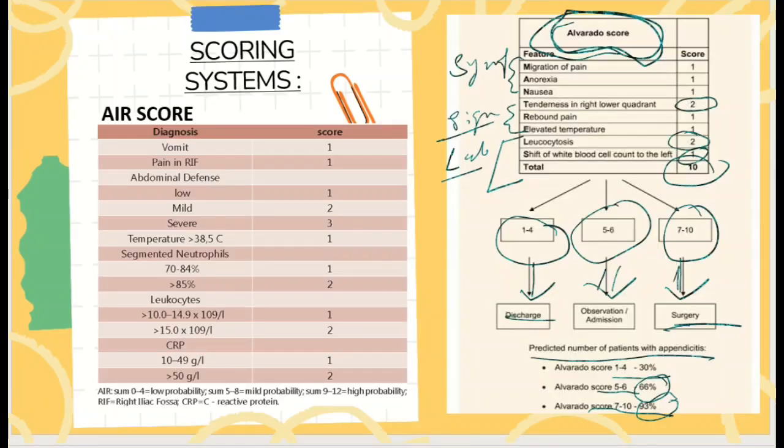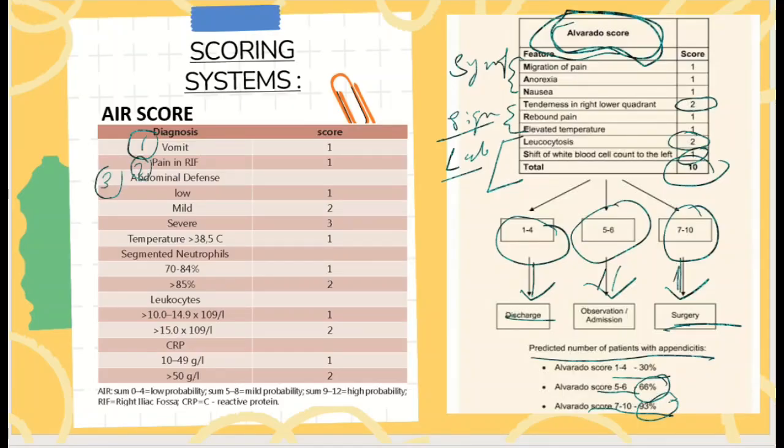Another scoring system for appendicitis is the Appendicitis Inflammatory Response score. So what is AIR score? Here we stratify the patient into certain risk groups. Vomiting, and second is pain in the right iliac fossa, score 1, 1. Third is abdominal defense. If it is low, 1, mild 2, severe 3. Next is temperature, if fever is present, 1 score.